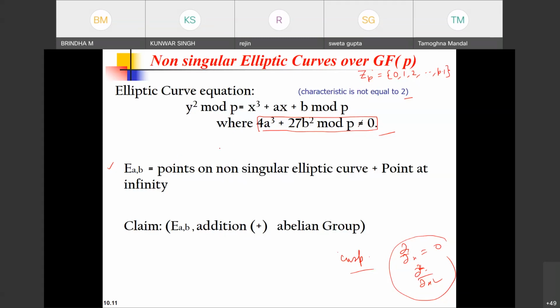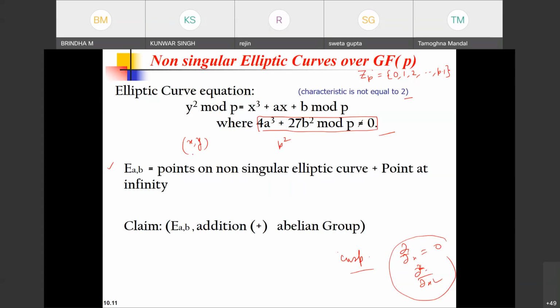The points will be x, y, where x and y are from this field Zp. So x and y can each take p values. The maximum number of different points will be p square: x can vary p ways, 0, 1, 2, 3, up to p, and y can also vary p ways.